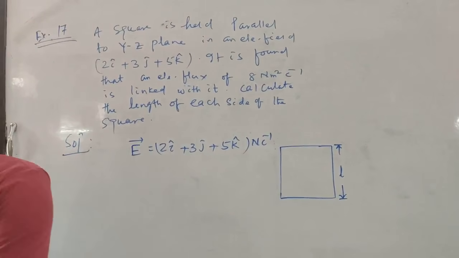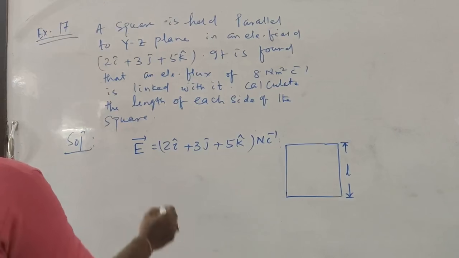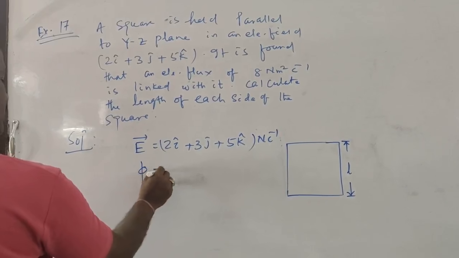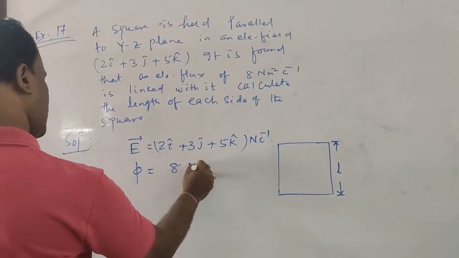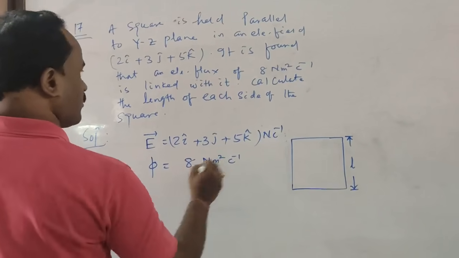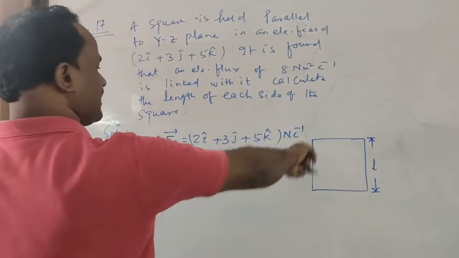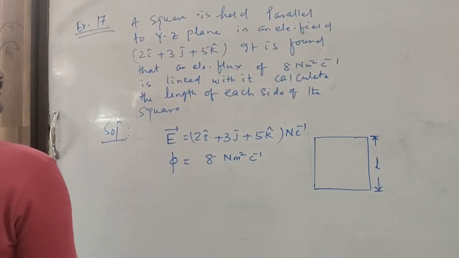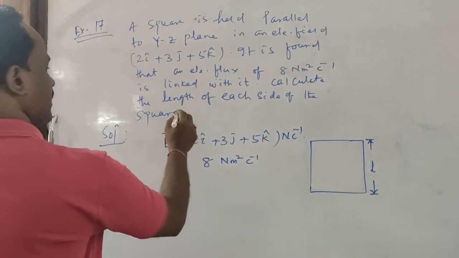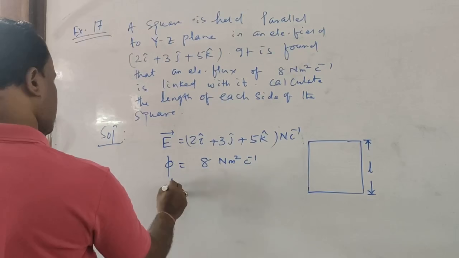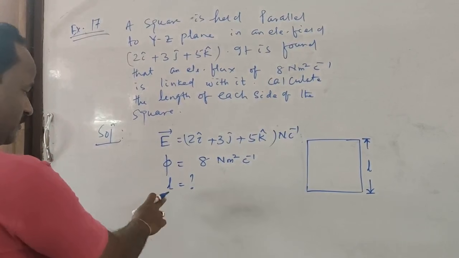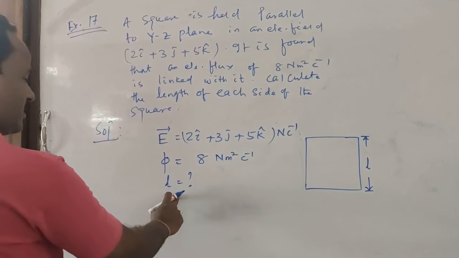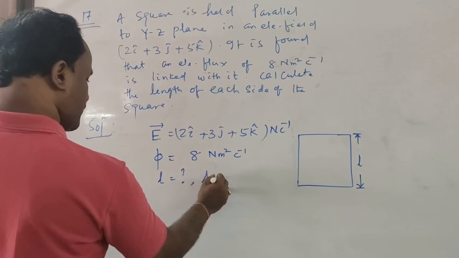It is found that an electric flux phi of 8 Newton meter square per coulomb is linked with the square. Calculate the length of each side of the square. Suppose L is the length of each side. Then the area of the square is L square.